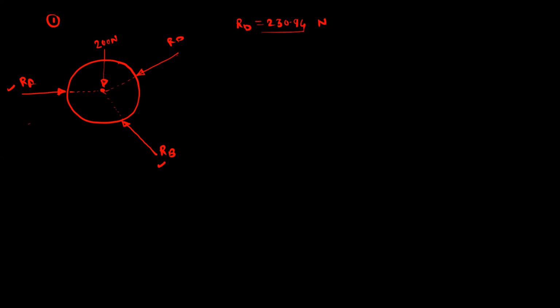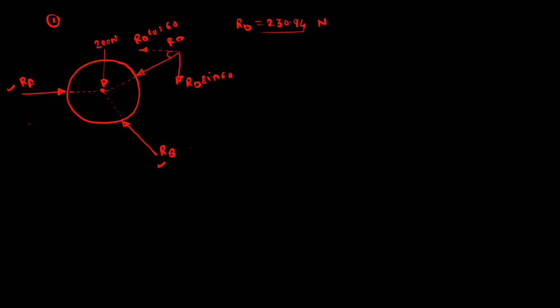The angle of reaction Rd with respect to the x-axis is 60 degrees. So you can resolve this like this: the y component will be Rd sin 60 and the x component is Rd cos 60. Now this reaction Ra is exactly in the horizontal direction.